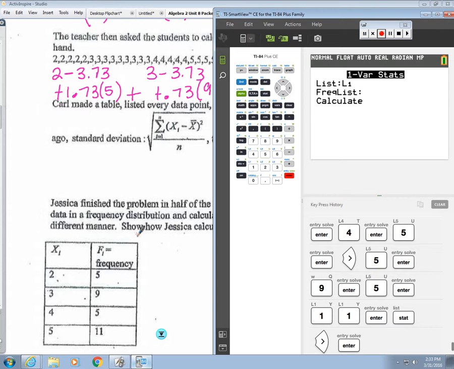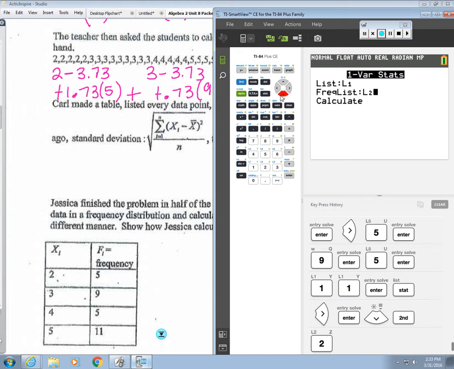No, so we have to let the calculator know that we put the frequency of the numbers in L2. Well, look down here above the 2. Don't you see L2? So what do we need to press to get it? Second, and then 2. And now that the calculator knows that your numbers are in L1, but the frequency of them is in L2, now hit calculate.